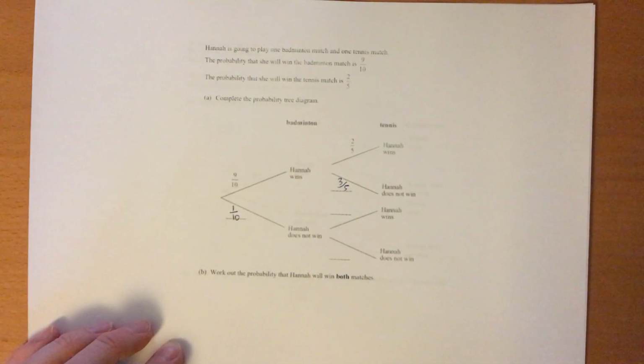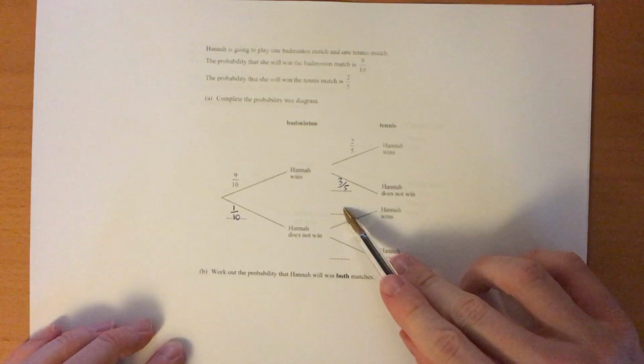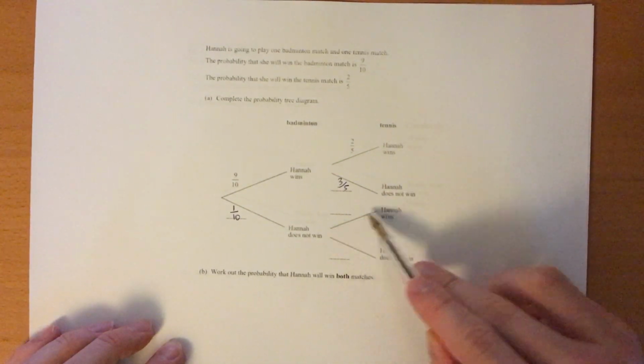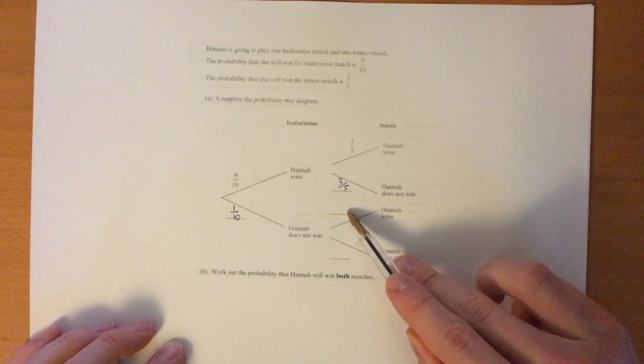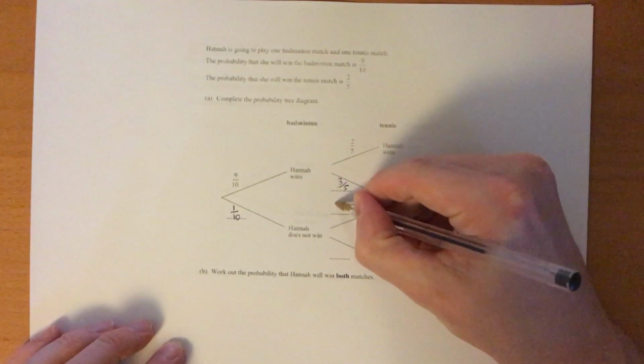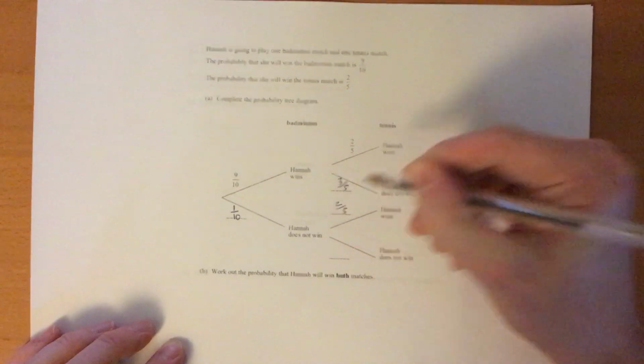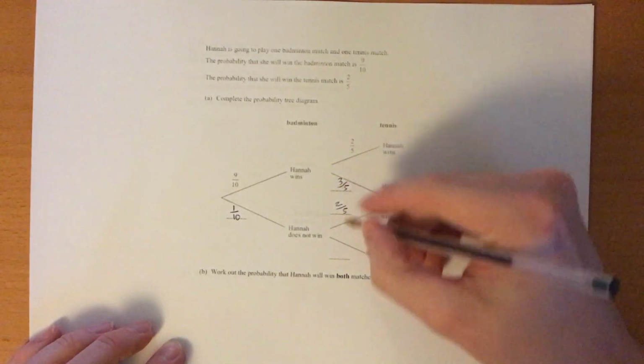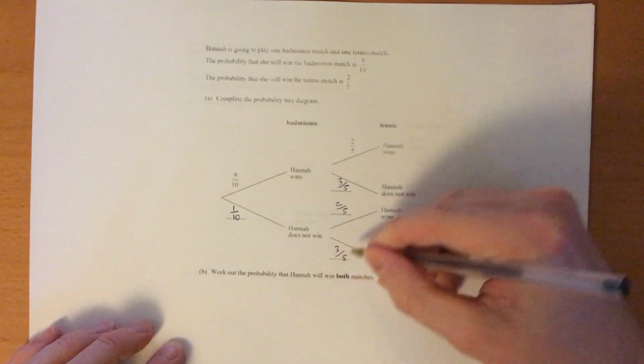Now, people often get confused with this part, but it's still tennis. So the chance of Hannah winning tennis is still going to be 2 out of 5 here, and her losing tennis will still be 3 out of 5 because it must add up to 1.